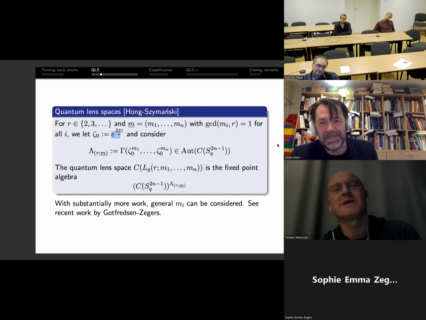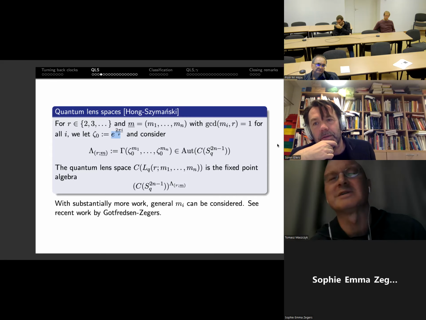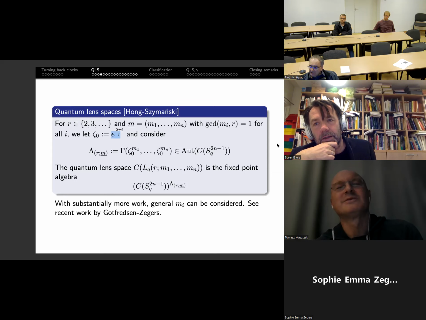So it's a fascinating subject because lens spaces are so fundamental in algebraic topology. Right. And they are the source of so many important notions, like Reidemeister torsion, for instance. Having anything of a non-commutative flavor, but having something in common with the classical situation, will be fascinating.